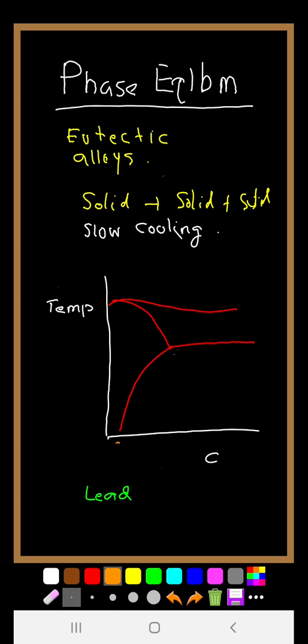This composition is called C1, and this is the liquid here, and this line is called the liquidus line, because above this line all the phases are in the liquid state. This is called the solidus line.